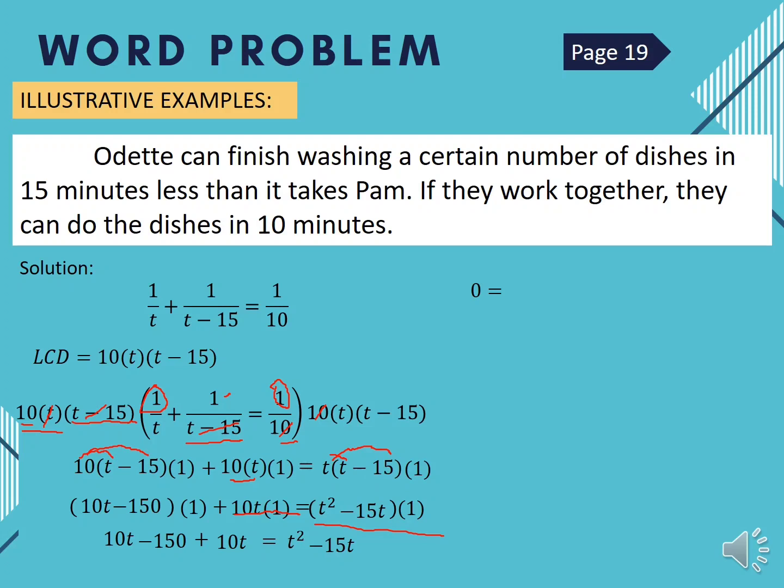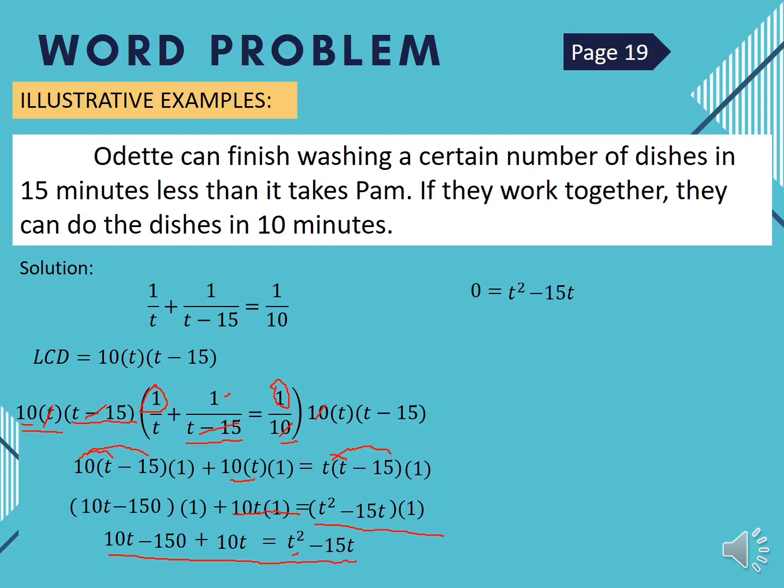Okay? Now, since this is already a quadratic equation, we can transform it into standard form. So, that is 0 is equal to T squared. Dito ko inilagay si T squared sa right side para hindi na tayo mag-negative. Kasi kapag ito inilagay pa natin sa left side, magiging negative pa.